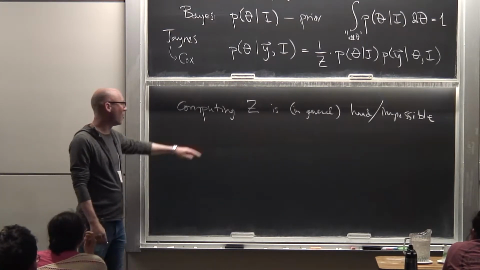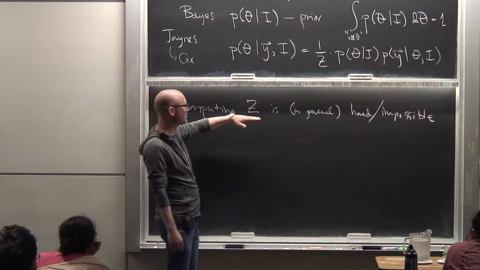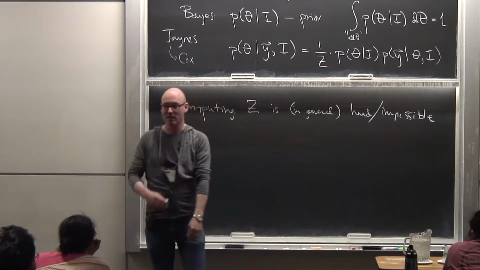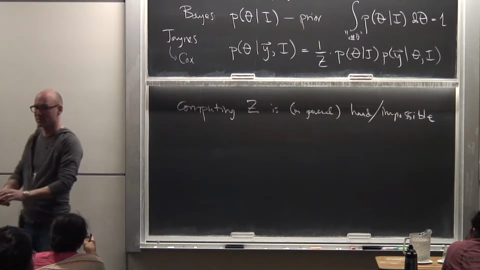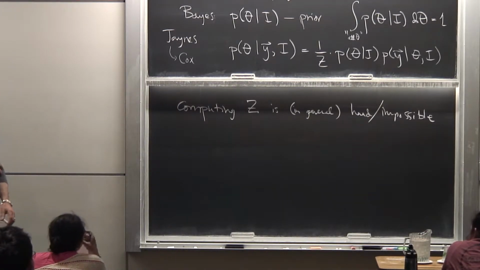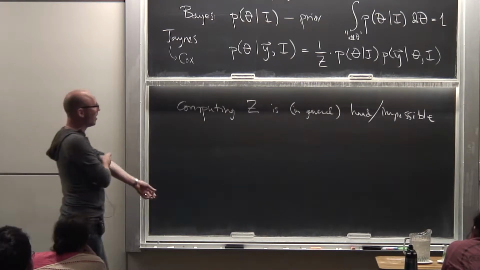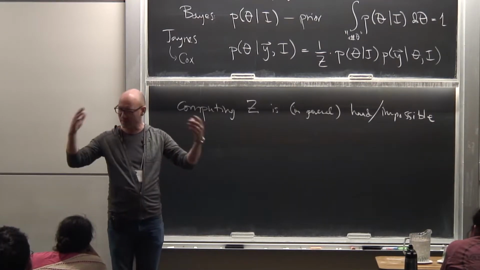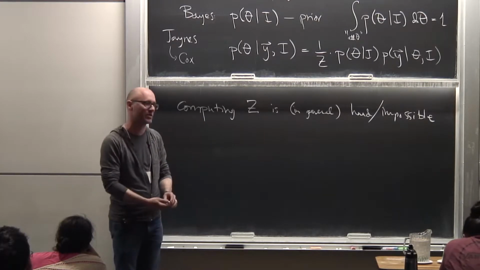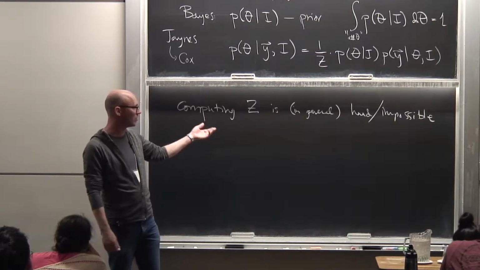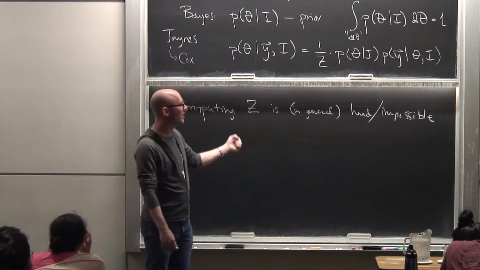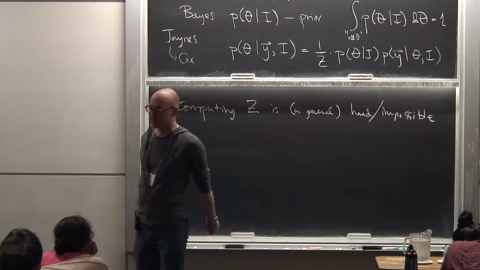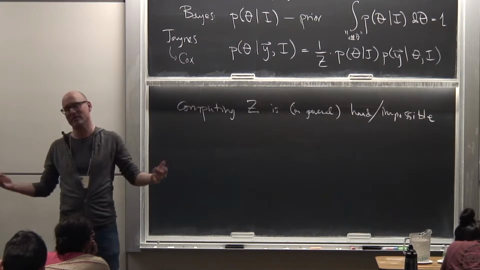I have almost never seen a computation of this prefactor that is believable in astrophysics. The only ones that have been done in astrophysics that are believable are in tiny little problems that are trivial. In any real problem where you have tens of parameters, then you're talking about an integral in tens of dimensions with an unbelievably non-trivial structure on those tens of dimensions. And no one can do integrals like that.